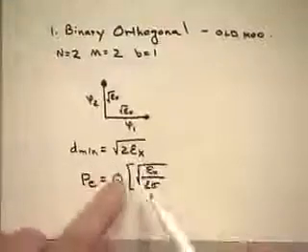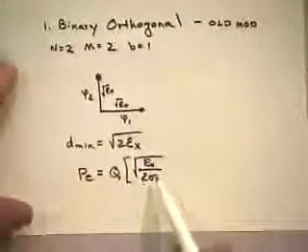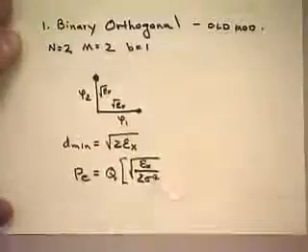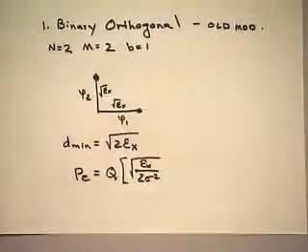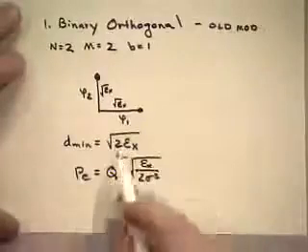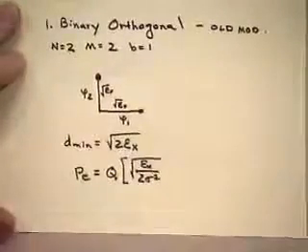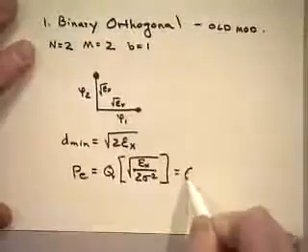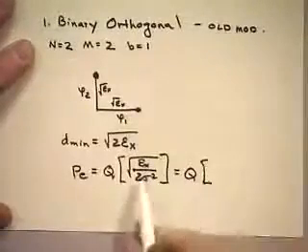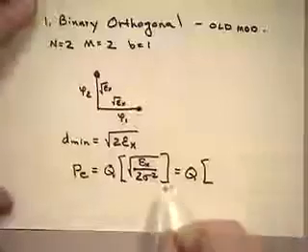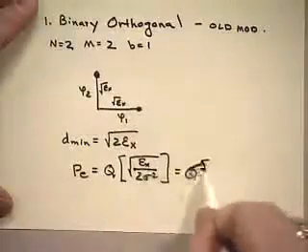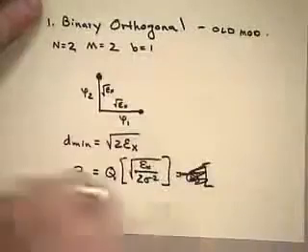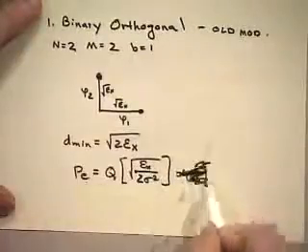We're going to stick this inside the argument. I should have sigma squared actually there, because it's 2 sigma in the denominator, and then I took the square root of 2 out of the numerator, left the square root of 2 in the denominator, which is Q of, in this case, well, we'll leave it in that form. We'll take the energy, square root of 2 in the denominator, sigma squared. So that's our probability of error.